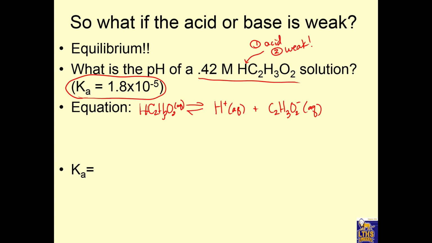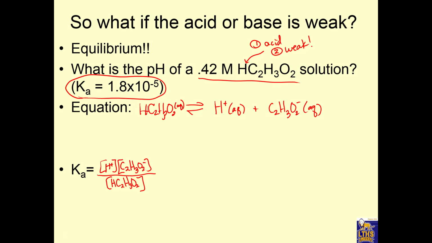And a Ka for this is going to be the products, H+ concentration times acetate ion concentration. And then we do have to put this on the bottom because it's aqueous, HC2H3O2. And the reason this is aqueous is because some of the water surrounds those, and you have some of everything at equilibrium.